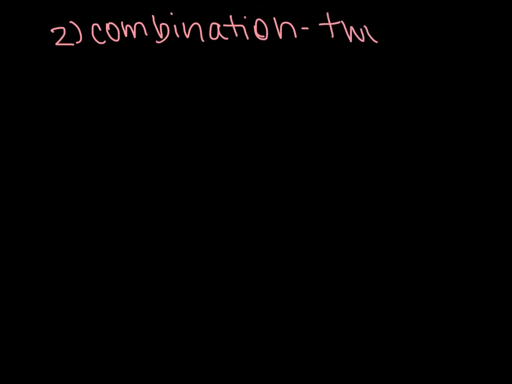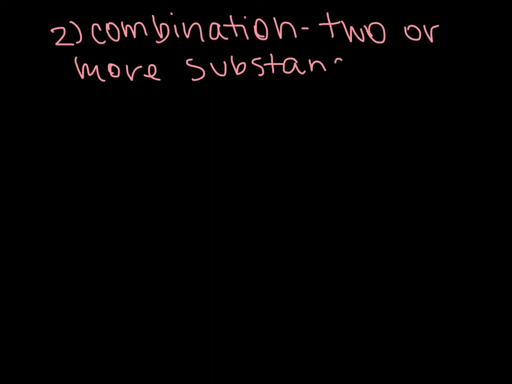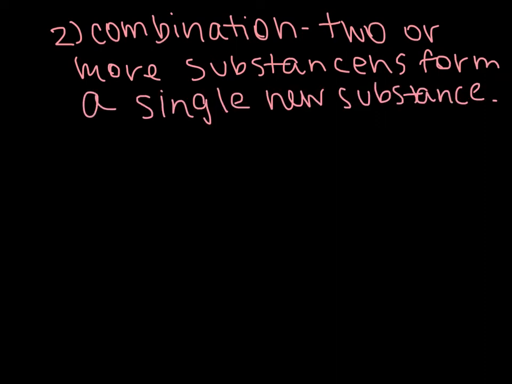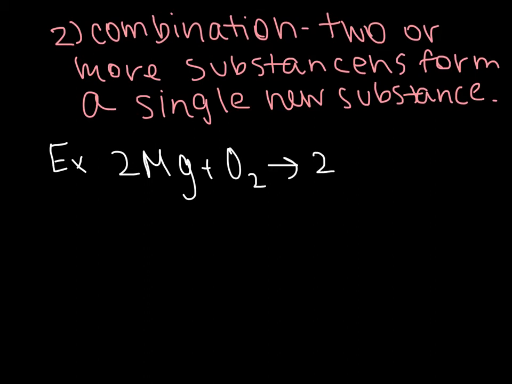Combination means 2 or more substances form a single new substance. A perfect example would be when 2Mg plus O2 combine to make 2MgO.